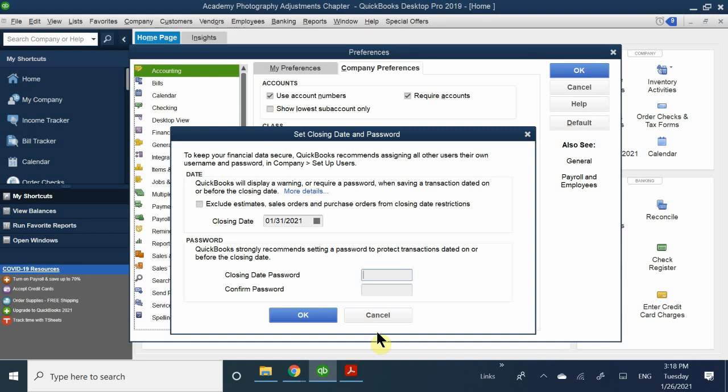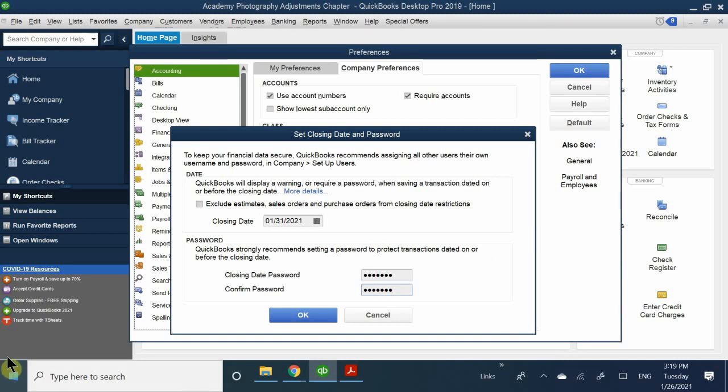But for this example, they choose A, B, C, 1, 2, 3, and 4. And then of course they tell you to type it in twice. So A, B, C, 1, 2, 3, 4.